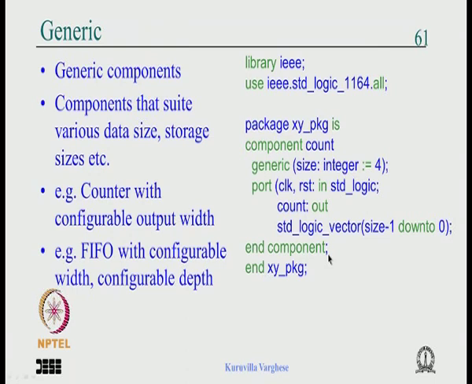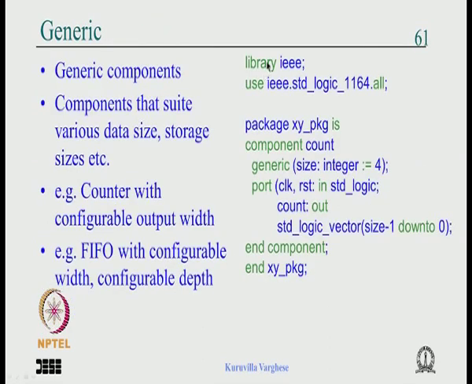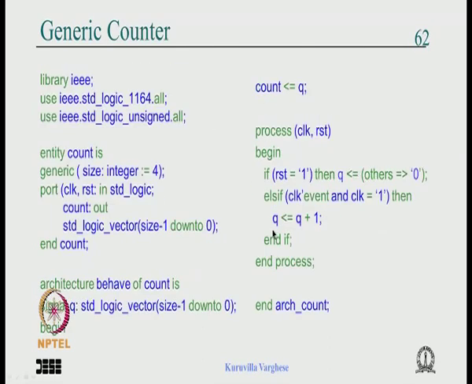I will show the code first, then I will show the package before that. So assume that we have a package declaration followed by a counter declaration. In the counter you see the library and packages, standard logic 1164 and standard logic unsigned, because we are going to use Q gets Q plus 1.